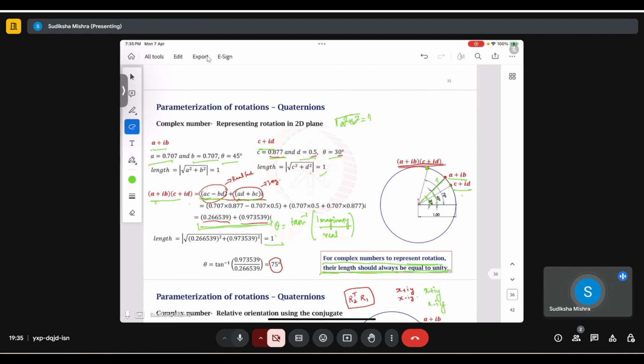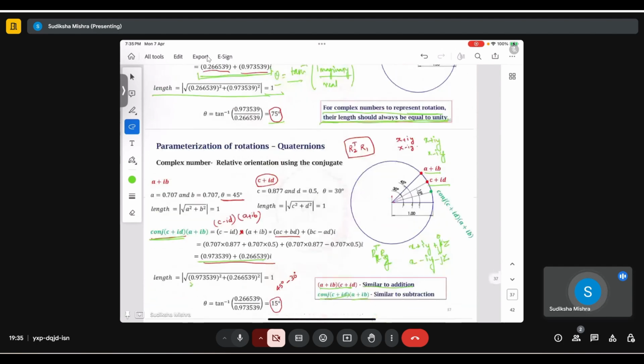You can compute theta by using tan inverse of imaginary by real, and you get theta as 75 degrees, which is essentially 45 degrees plus 30 degrees. It's interesting to note that the length of this is again 1.